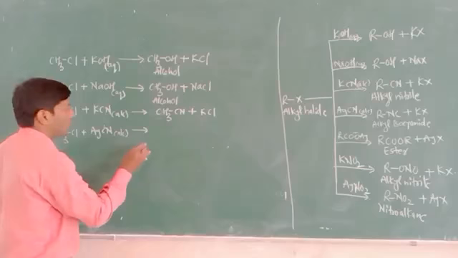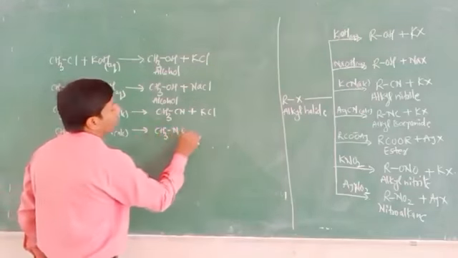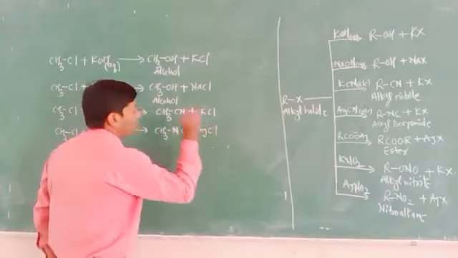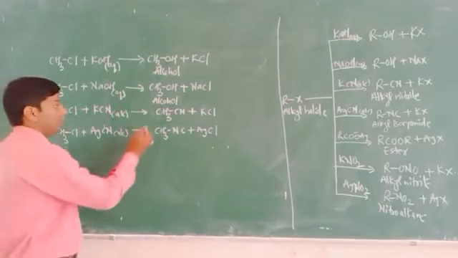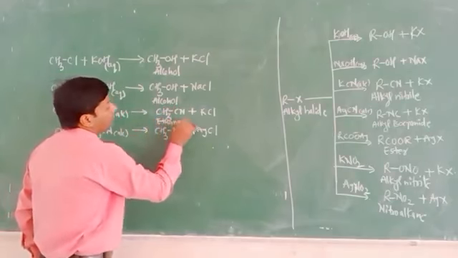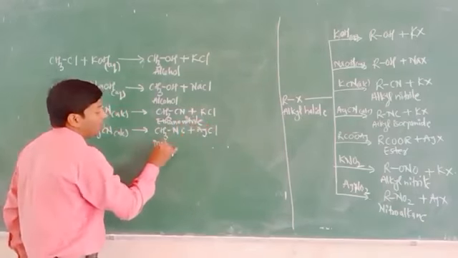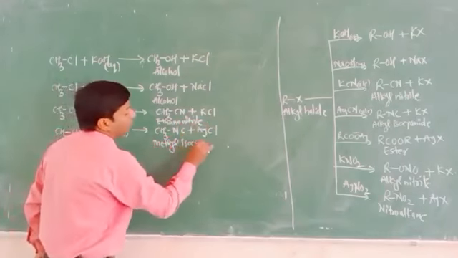So it gives CH3NC plus AgX, where X is the halogen, so it gives AgCl. This is called methyl isocyanide. That one is ethane nitrile.